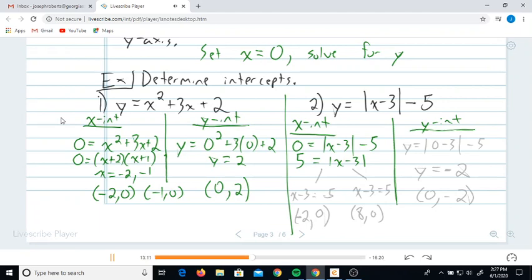So it's 5 units from 0. So that expression could be 5 to the left, or it could be 5 to the right. And there we have our solution. So we get x-intercepts at 2, comma 0.